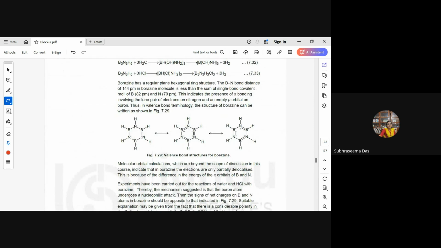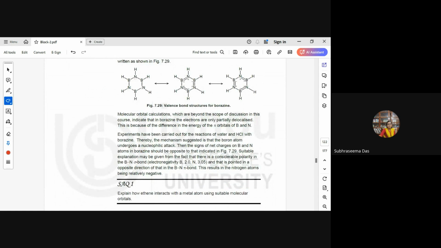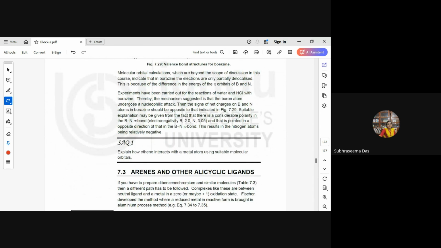Borazine has a regular planar hexagonal structure. The B-N bond distance is found to be 144 pm in borazine, which is much less than the sum of single covalent radii of B and N. These are the valence bond structures of borazine, represented here. Molecular orbital calculations are not included. Many experiments have studied the reactions of water and HCl with borazine.